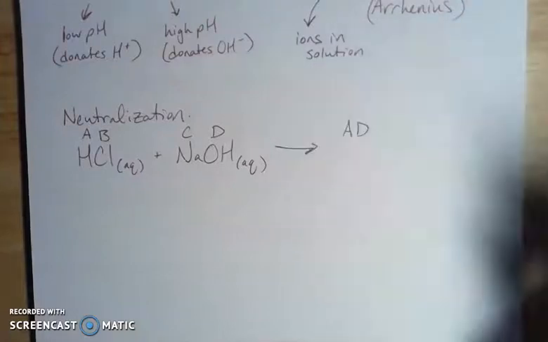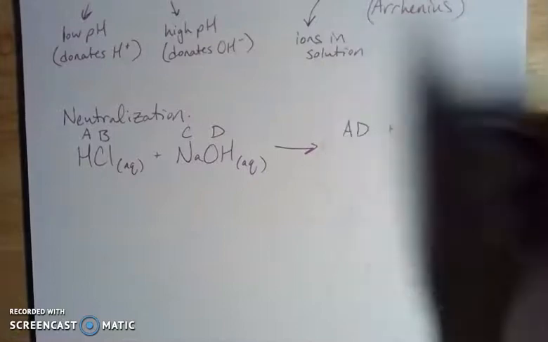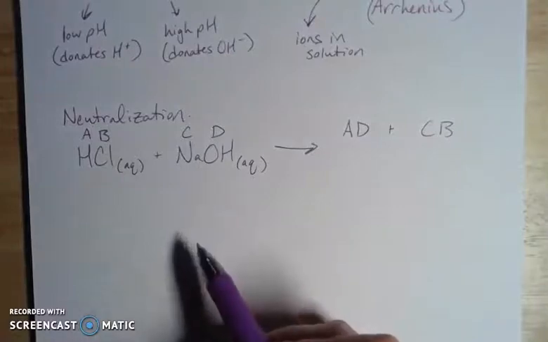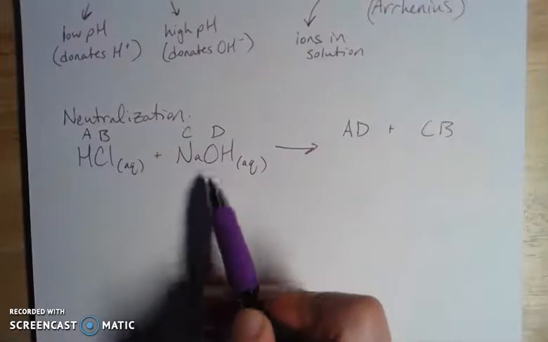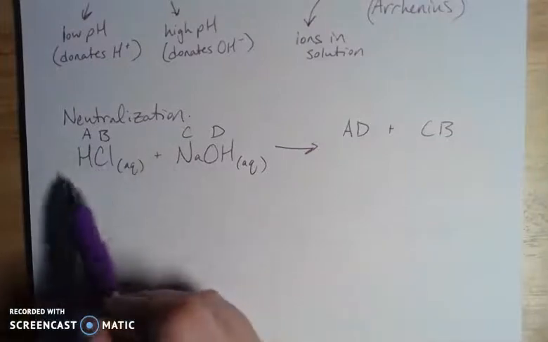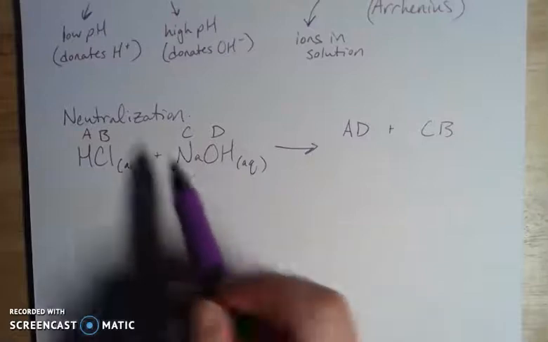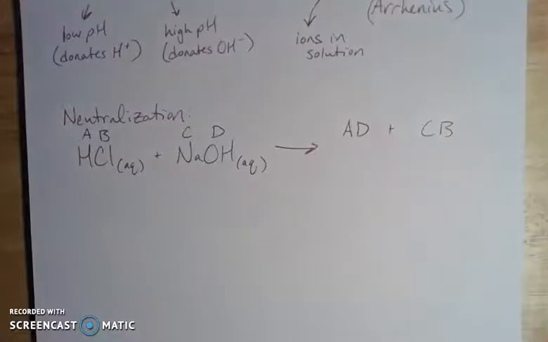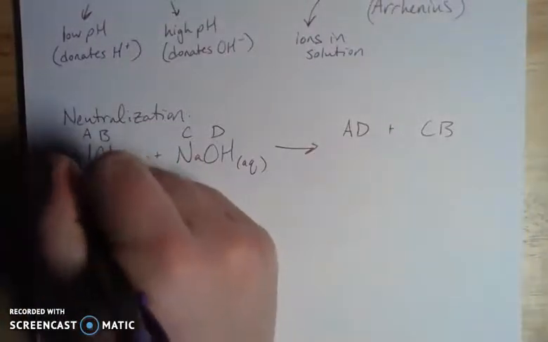A is going to pair with D, and then C is going to pair with B. So this is called, again, a double displacement reaction. It's also called a metathesis reaction. So we're swapping partners, essentially, and the cation from one is joining up with the anion from the other, and vice versa. So we can predict the products in a neutralization process then. HCl is hydrochloric acid, so this is an acid.